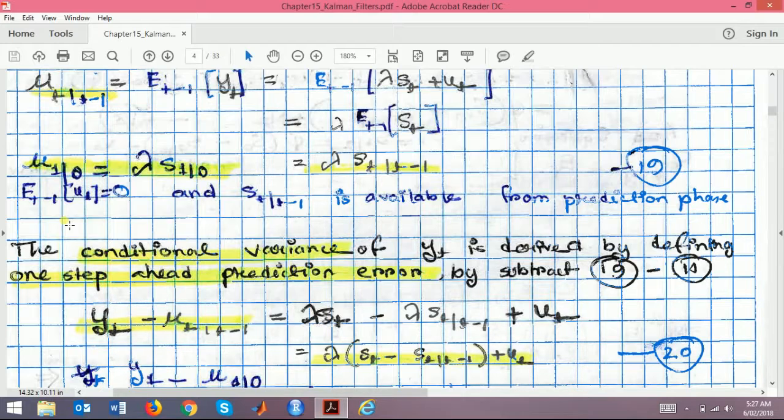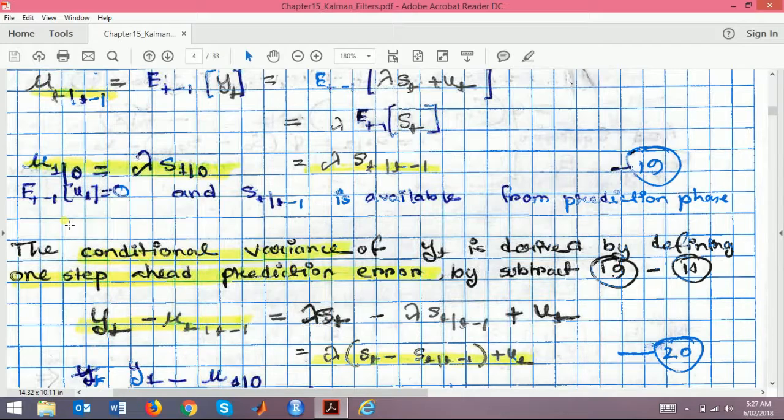We also used S1|0 to find the variance before, which was S1 minus S1|0 squared, which gives you phi S0 minus S0|0 plus vt, and the variance itself was P1|0 equals phi squared P0|0 plus sigma squared v, the variance of the disturbance term v, basically a square matrix.